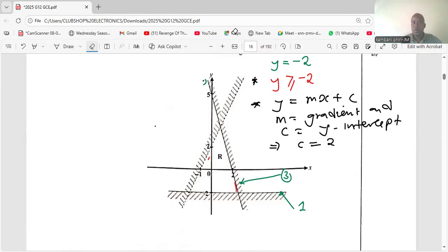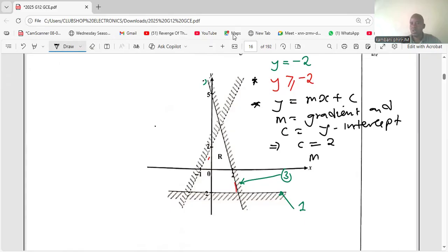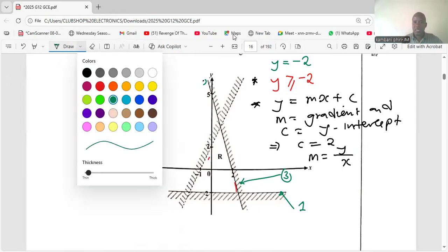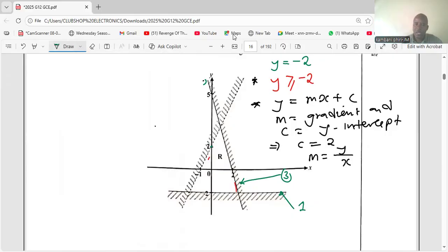Then we are just going to substitute into this equation. Now we need to get the gradient. The gradient is defined by change in y to change in x. So what we are going to do is look at the line that we are dealing with and try to create a triangle. We can draw a line from this point of intersection up to this one. So we have got this small triangle in green.